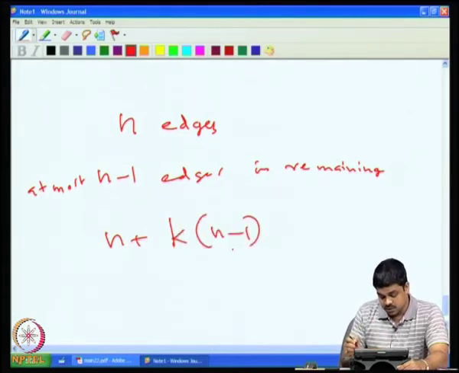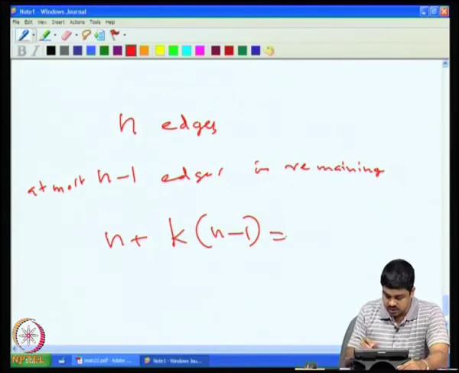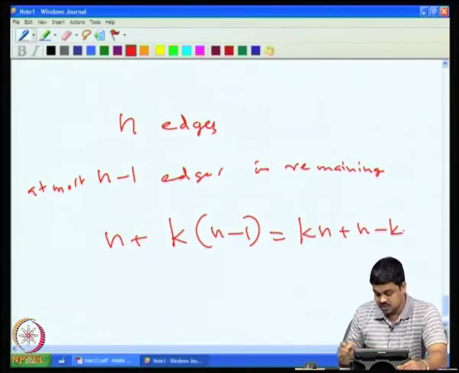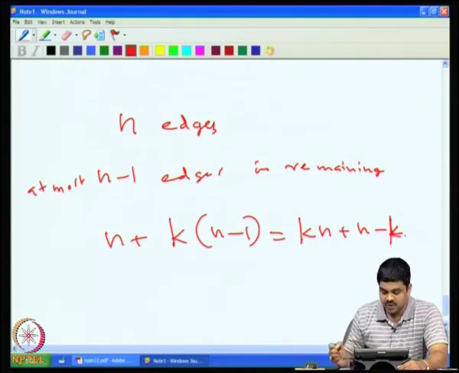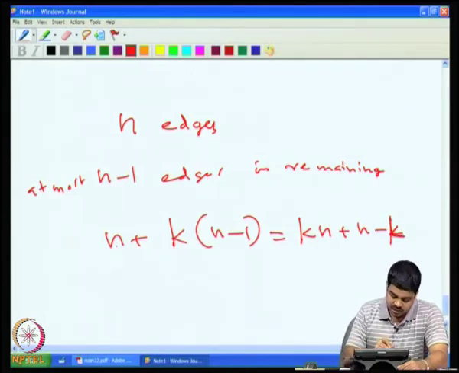How much is this? This is kn plus n minus k. This many edges is the maximum you can get if there is one such color class and k other color classes.